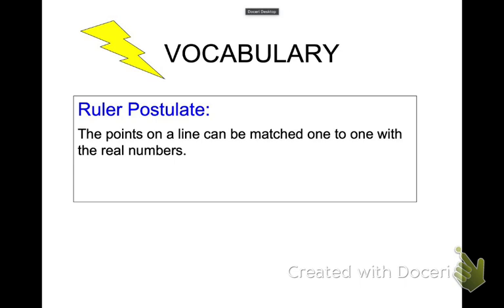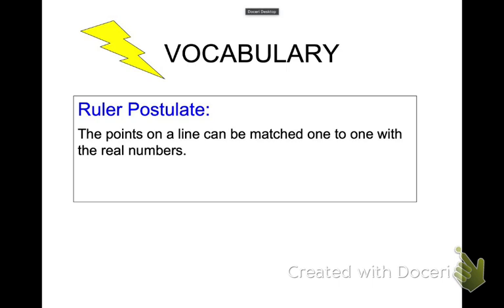Right? Because isn't a ruler just a number line? What is a number line? A line with numbers on it, right? So a ruler is just a number line with all the numbers spaced out evenly apart from each other.